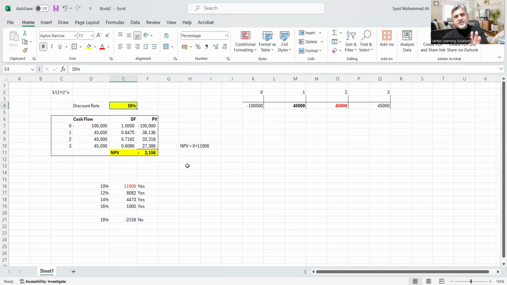This is the explanation of NPV. NPV is not cash. NPV is not profit. NPV is a relative, comparative measure. Like I said before, at 10%, this project is giving me $11,908 more than the 10% required rate of return. It is giving more, so let's do it. This is the basic concept of NPV.